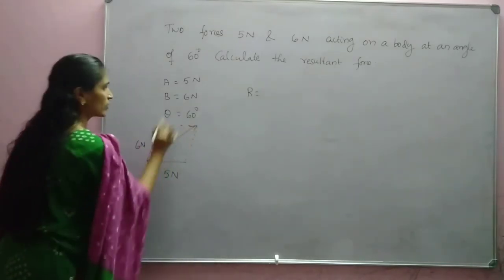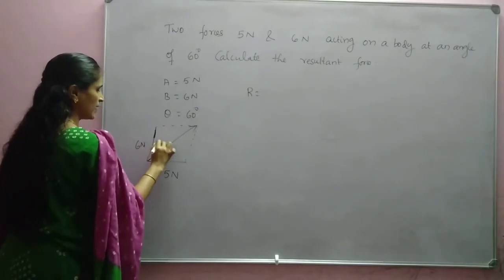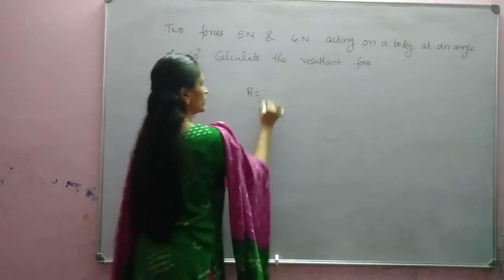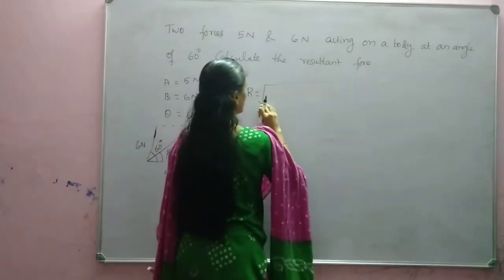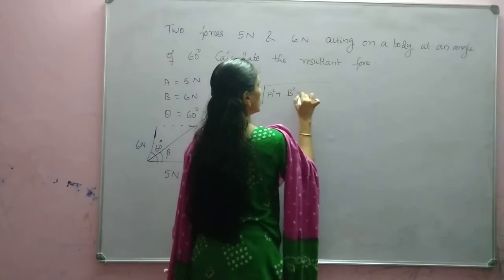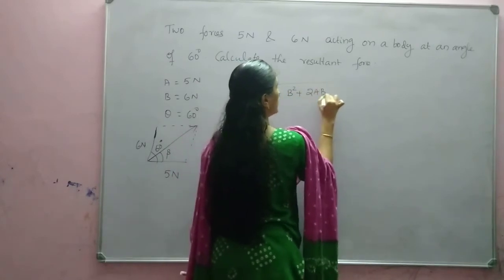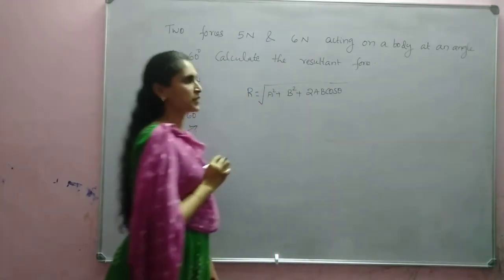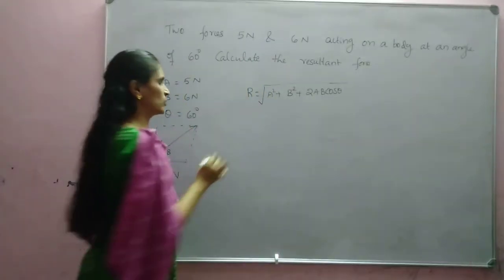This angle is already given, 60 degree, and this angle we have to find out. So R is equal to root of A square plus B square plus 2AB cos theta.